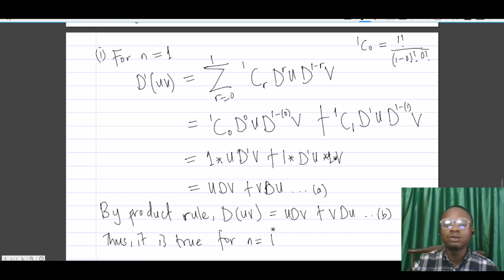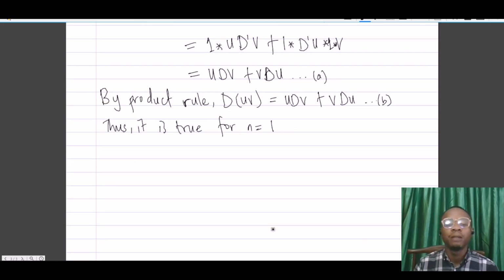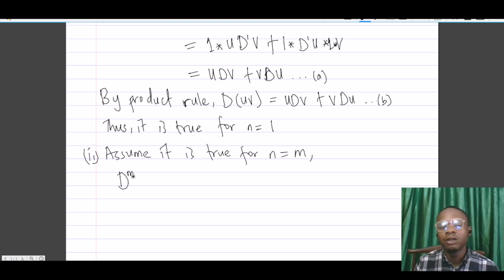So the next thing to do, by our mathematical methods approach, is to assume that it is true. Assume it is true for n equal to some m. And if that is the case, it means that the mth derivative of uv is equal to, so we just use the formula.